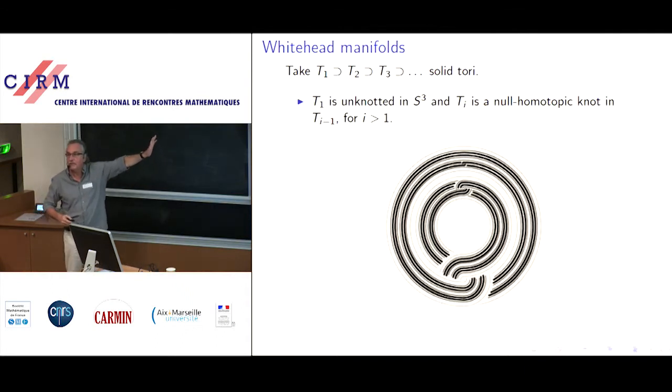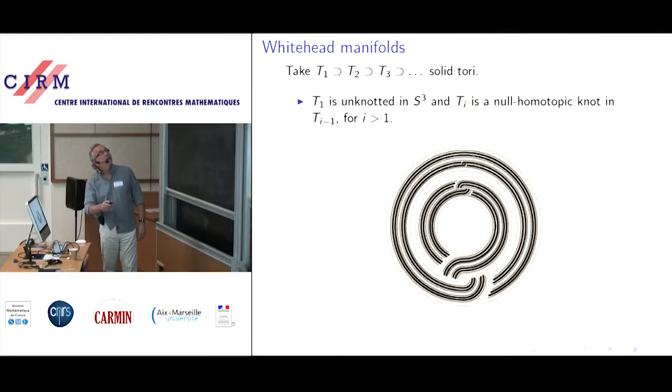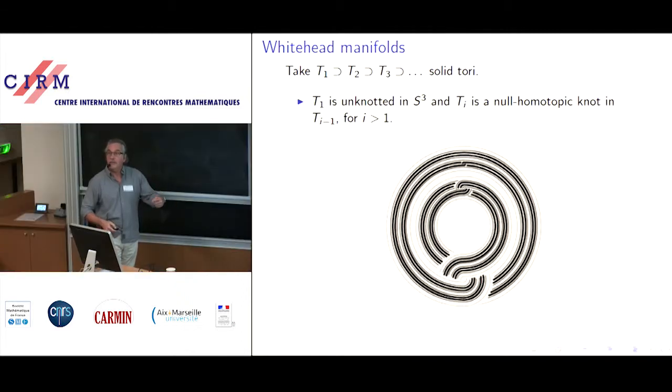Again, this picture I didn't draw myself. It would be even worse. But on this picture you can see four of them. So let me describe. The one which goes around here is the first solid torus, and then there is a second one, which is a tubular neighborhood of some curve with some knot here, which you can see. And you repeat the construction.